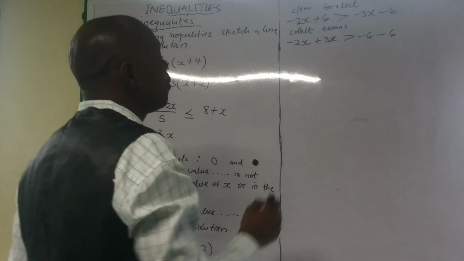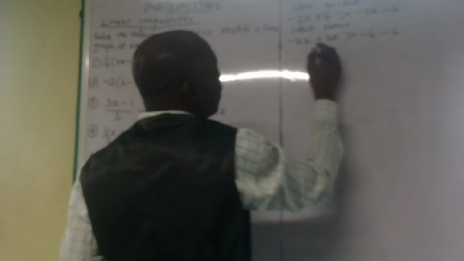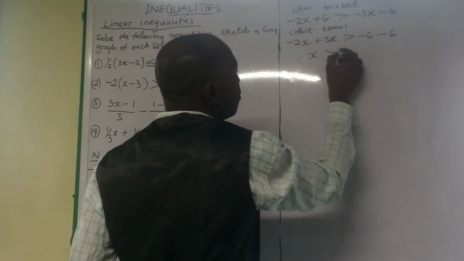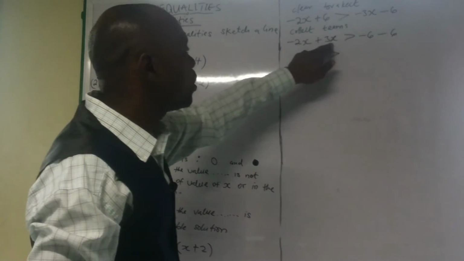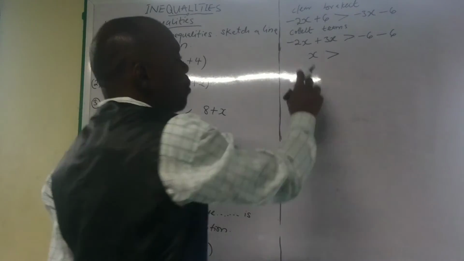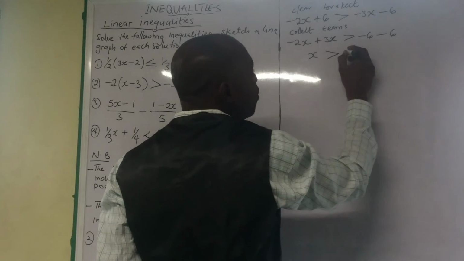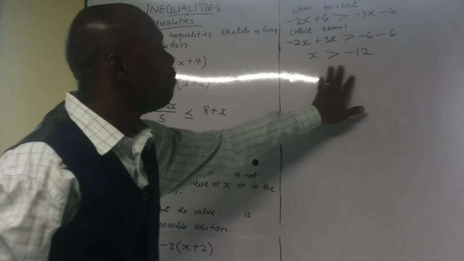So when you deduct this from this, we have x, or 1x, but it's still the same thing. Negative 2 plus positive 3 leaves 1, so that's why we have x here. This one negative and negative gives us minus 12. This is our value now.